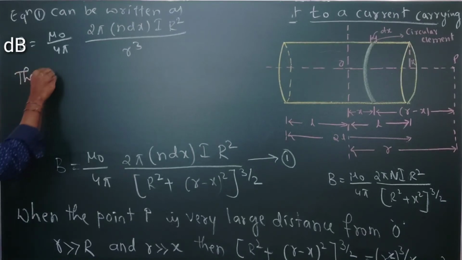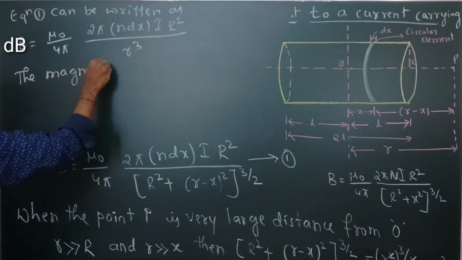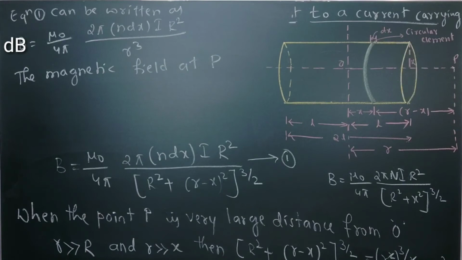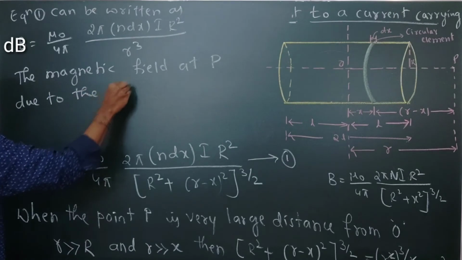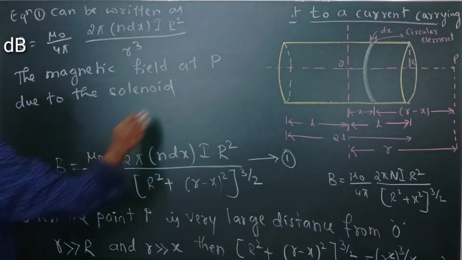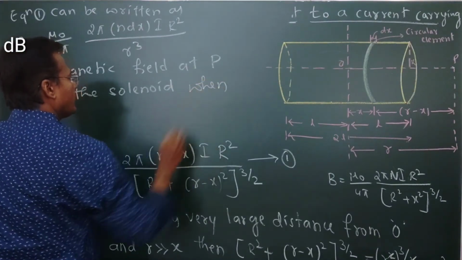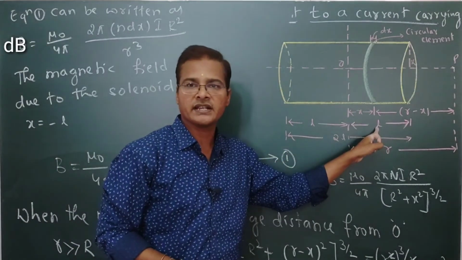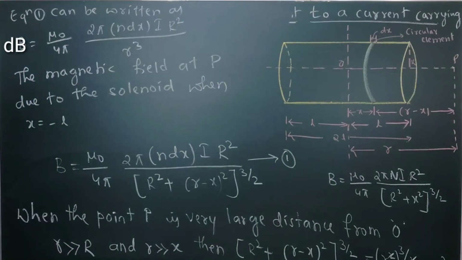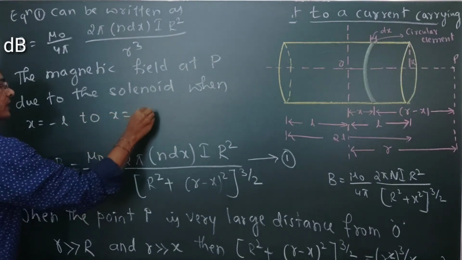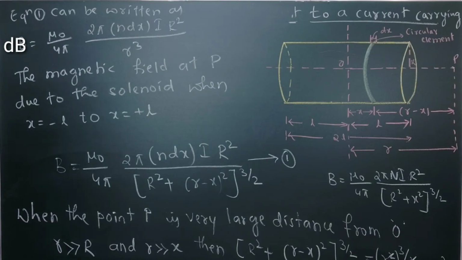This is the magnetic field at P due to the solenoid, when x goes from minus L to plus L.